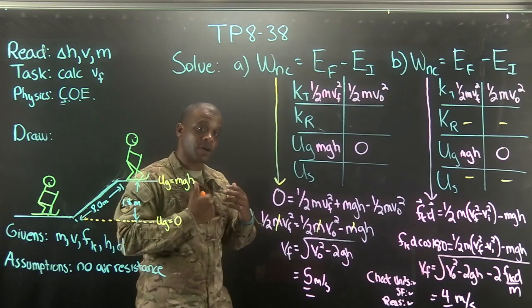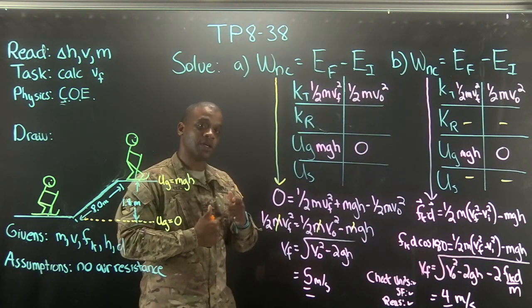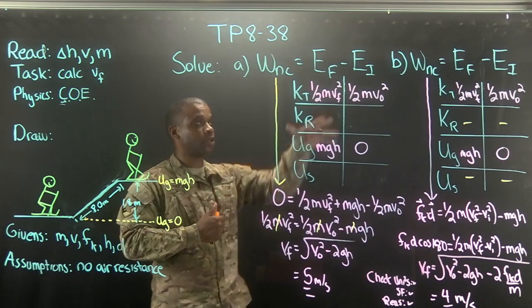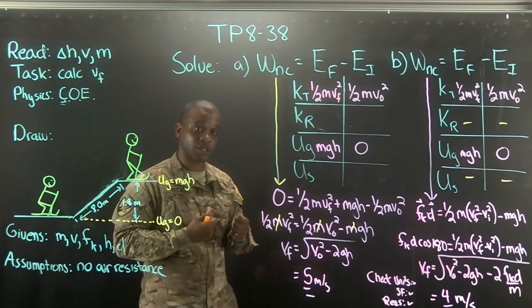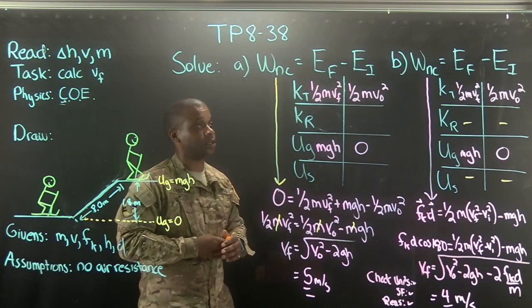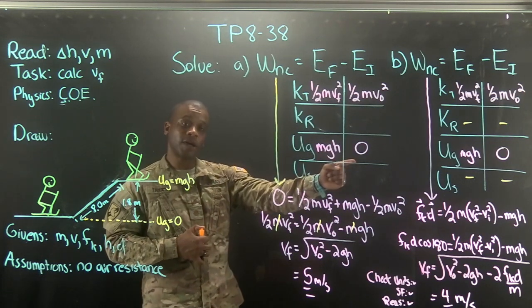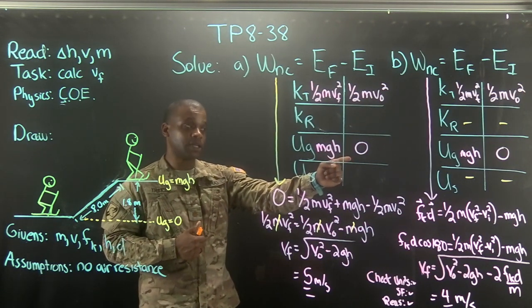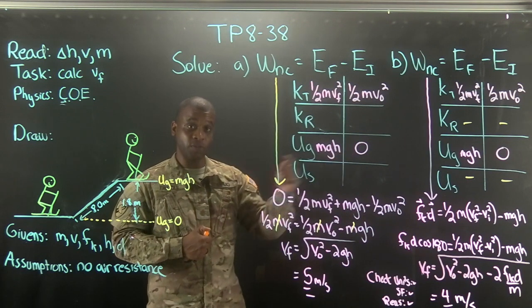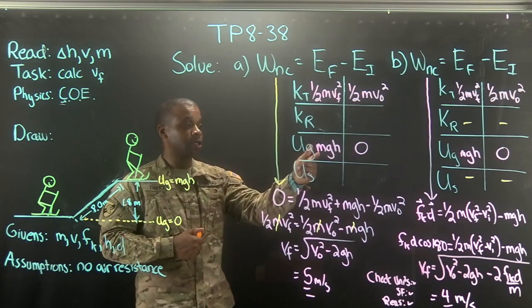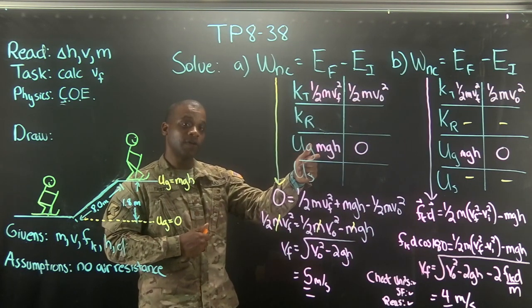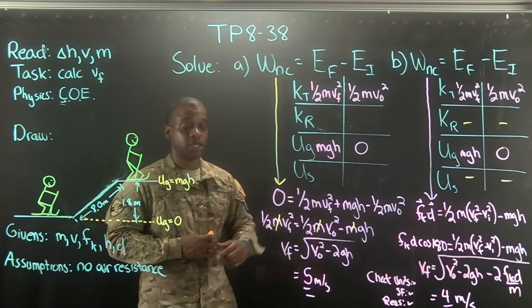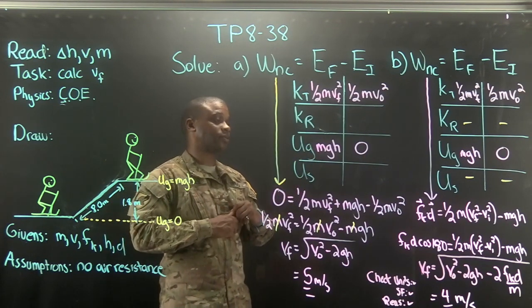In the solve step, for conservation of energy problems, if you look in your course summary, you'll see that they have these energy tables and they explain explicitly how they're created. We already talked about how the potential energy of our skier initially is 0 because of our reference point, and the potential energy at his final position is equal to mgh.